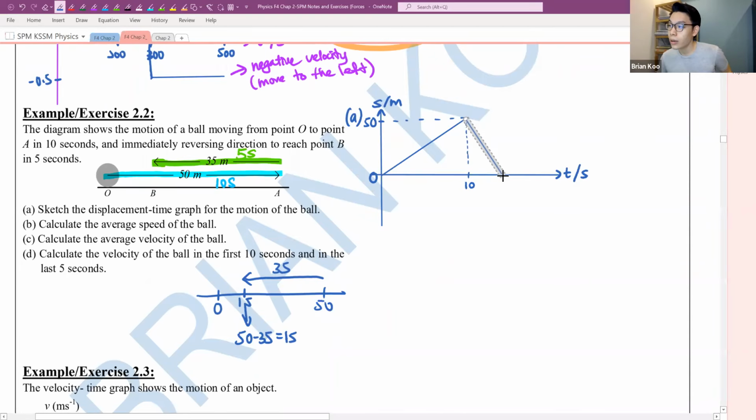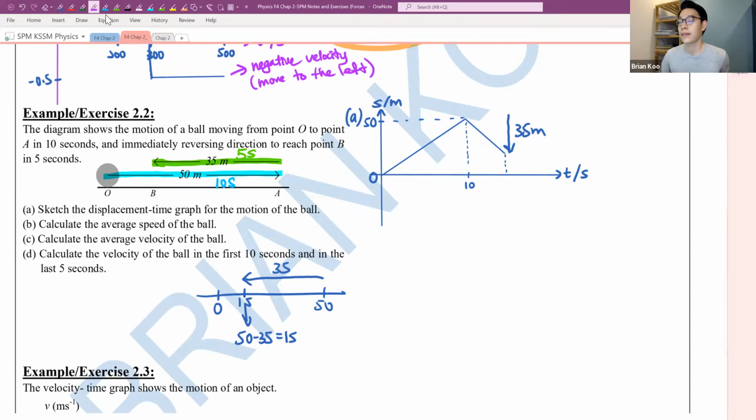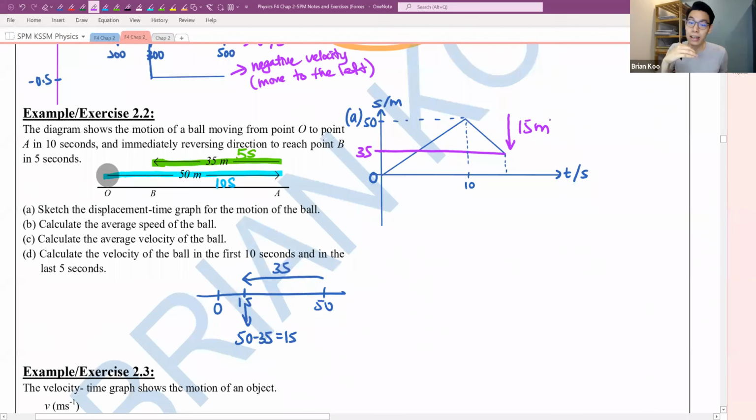But what if they say you travel 35 meters? That means from here back to here, I must travel 35 meters. That is why if you say that this value here is 35, it's wrong already. How come? Because from 50 meters until 35 meters, isn't that just 15? But we don't want 15. The ball traveled back 35.